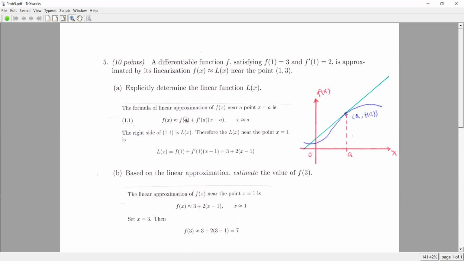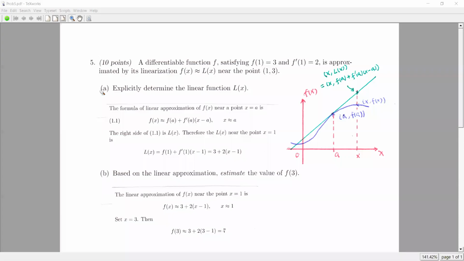This approximation is this approximation near the point 1, 3. 1, 3 is this point. Part A. Explicitly determine the linear function L. The right-hand side of this approximation is function L. Now, the point A is 1. Plug in 1 in A, then function L is this function.